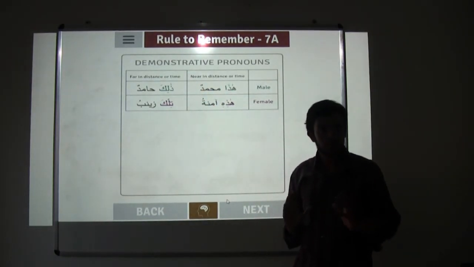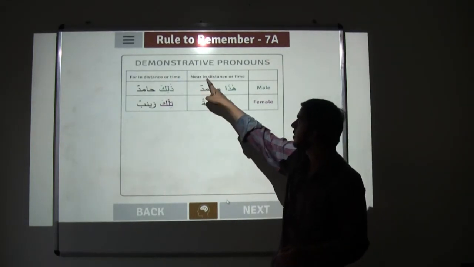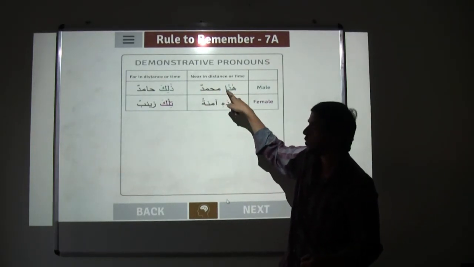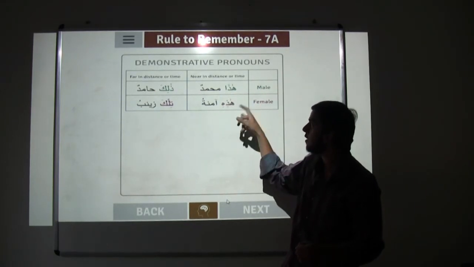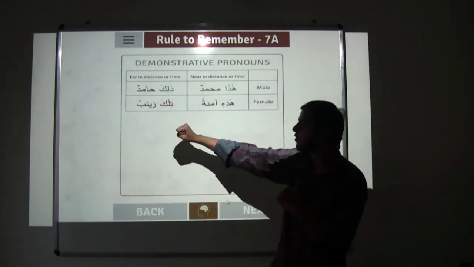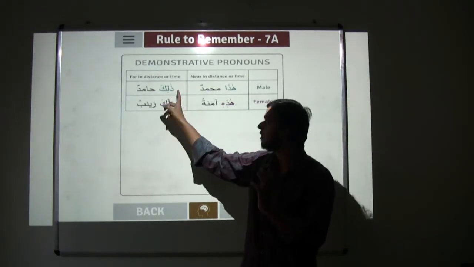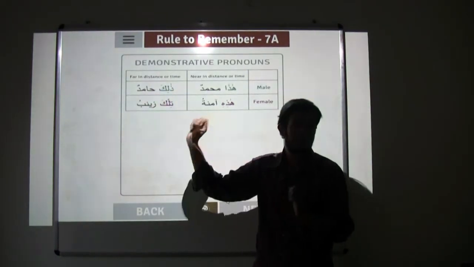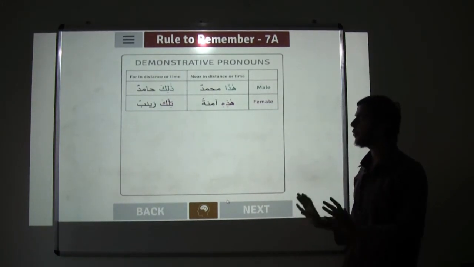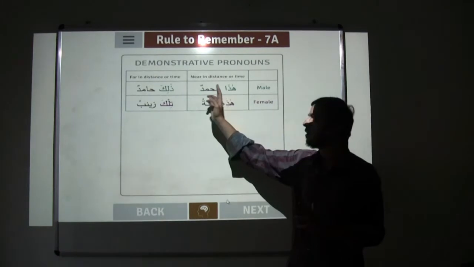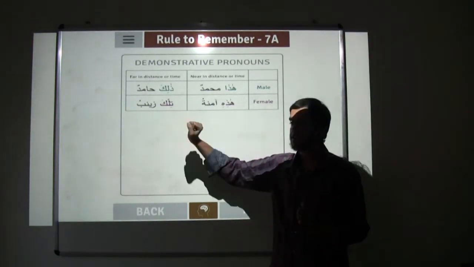If it is something near in distance or time, it is referred to with hada, and hadihi for feminine. If it is far in distance or time, we refer to it as dhalika, tilka. Any doubts here? As simple as that. So you need to remember these pairs: hada, hadihi, dhalika, tilka.